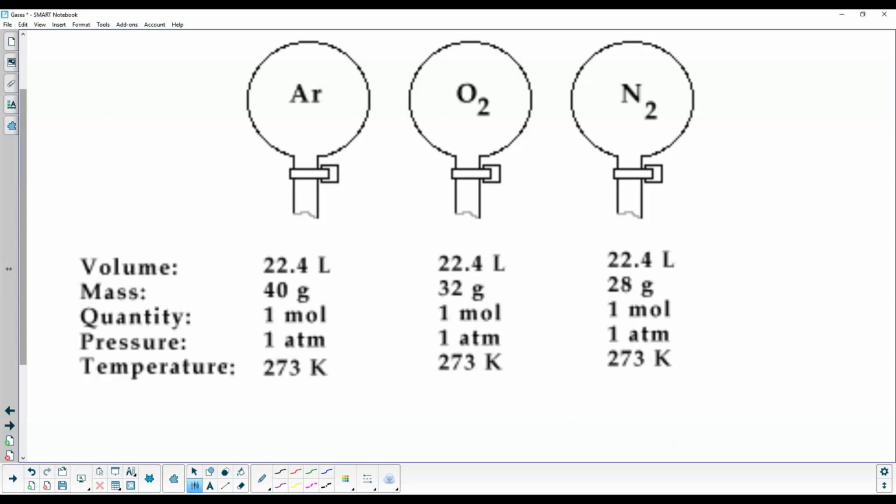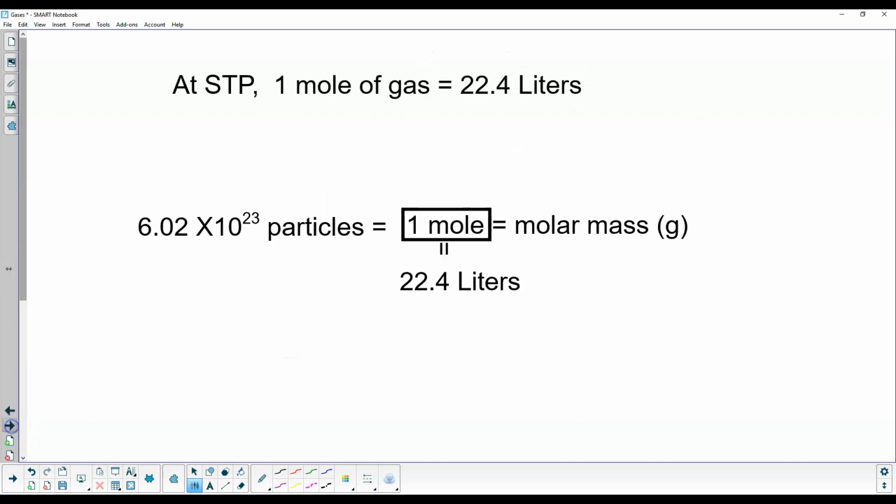All right. And so there is a standard. It's called the standard molar volume of a gas. So you need to know this at STP. STP is standard temperature and pressure.